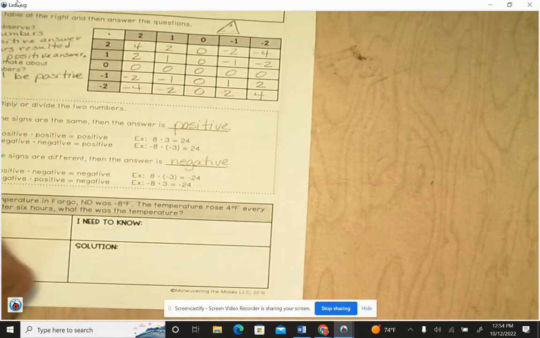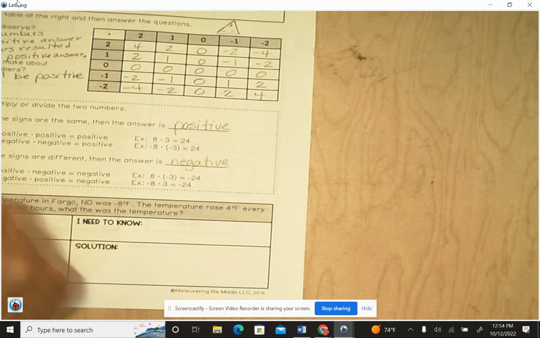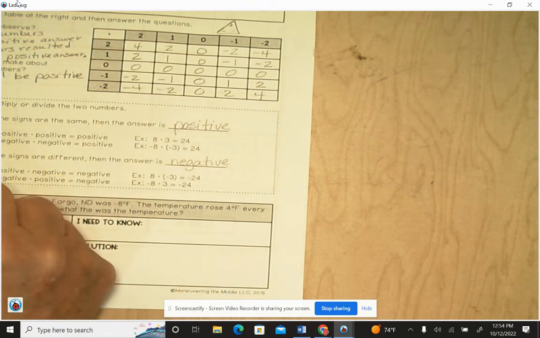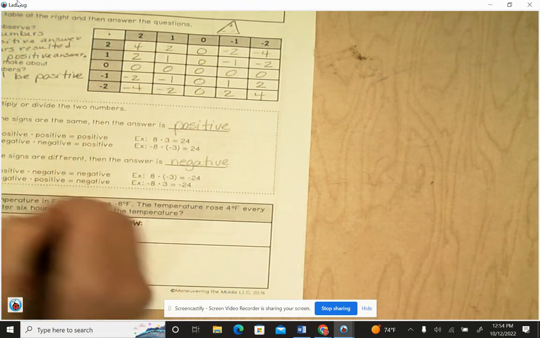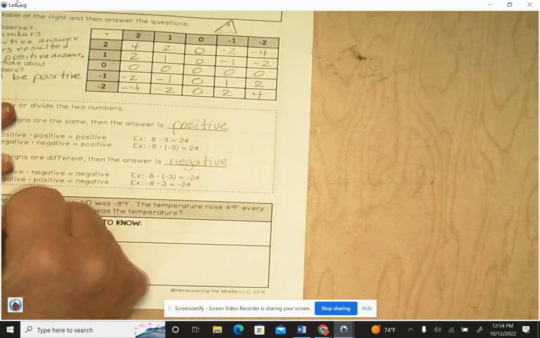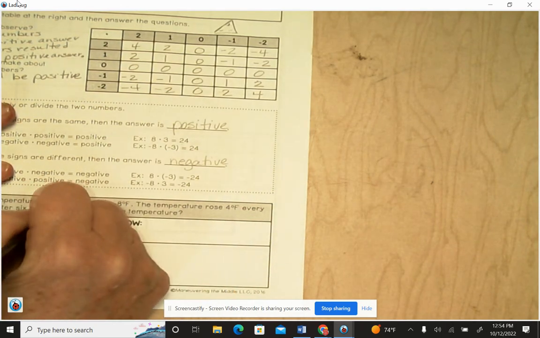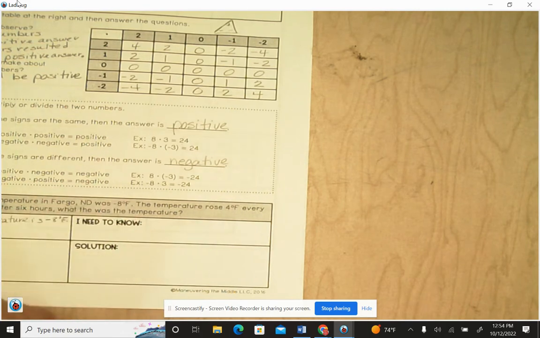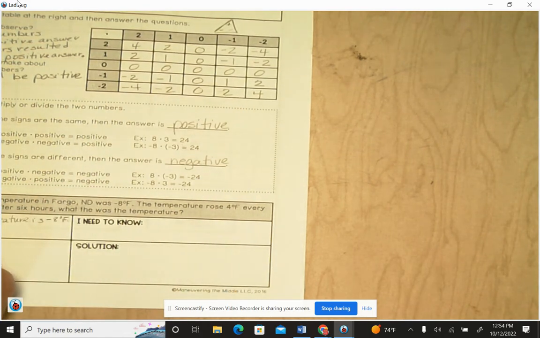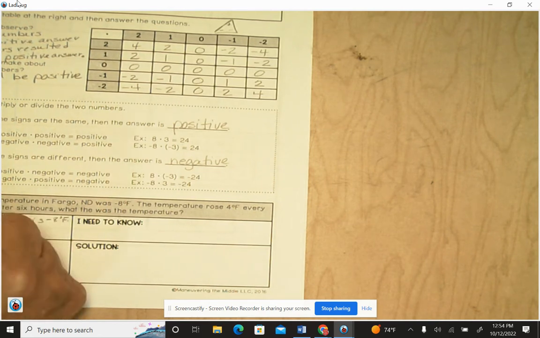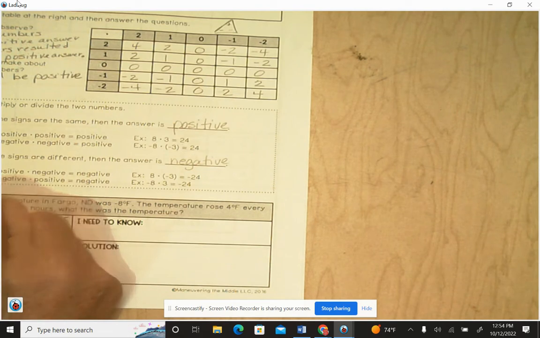You know the starting temperature is -8 degrees Fahrenheit. It rose 4 degrees Fahrenheit per hour for 6 hours.